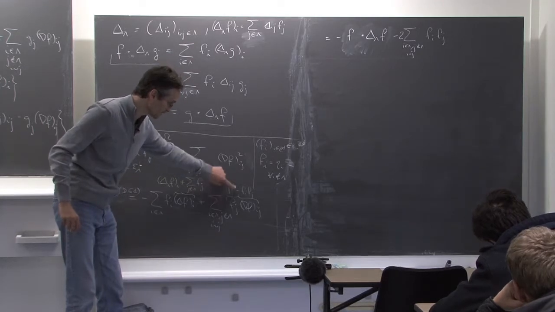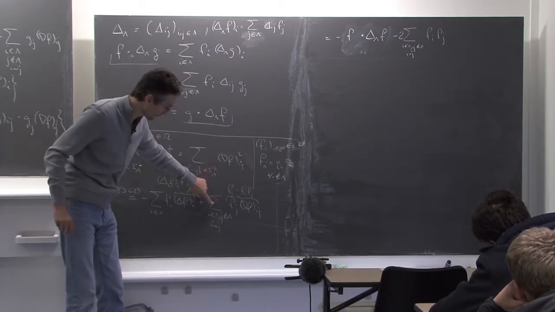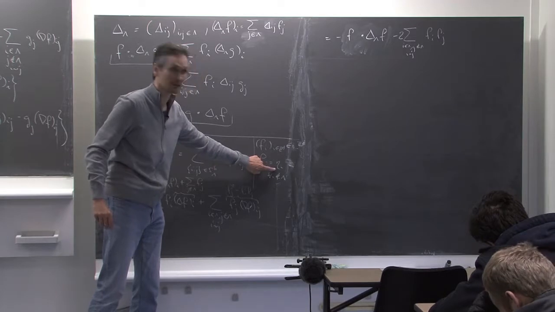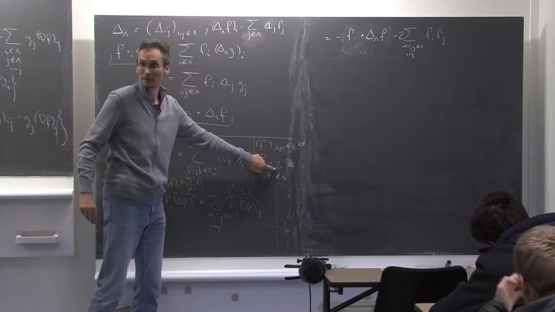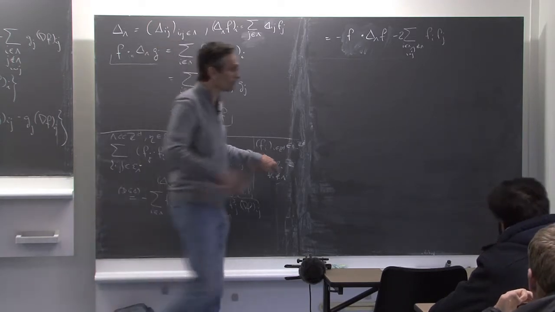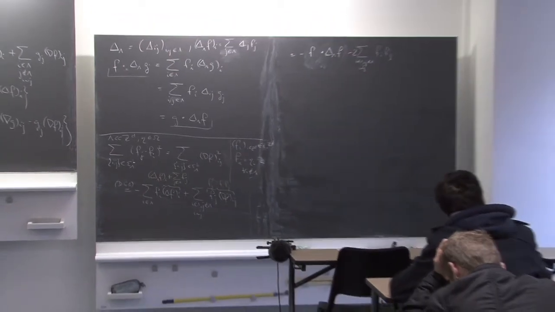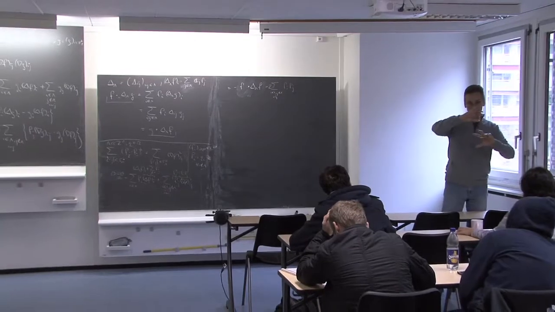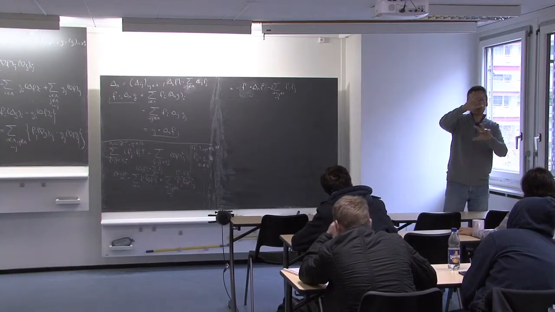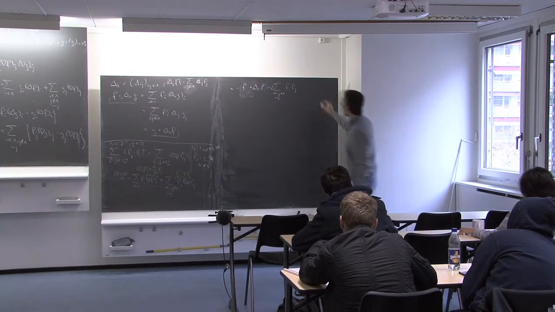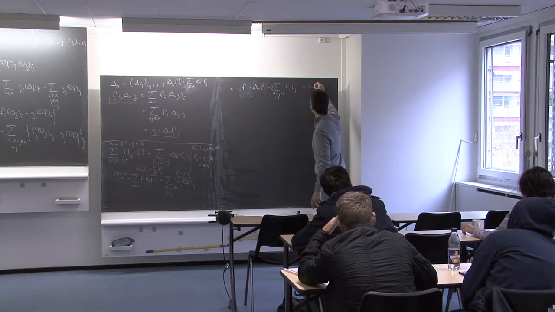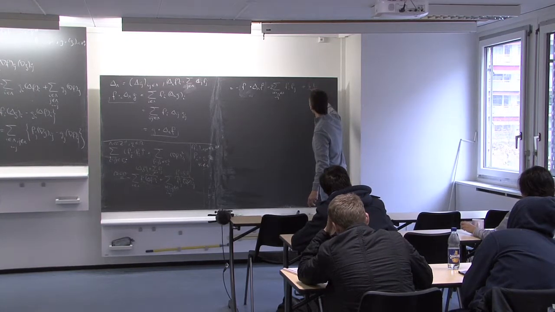So this sum only depends on the value of f outside lambda, but this is deterministic. It's just given by eta. So this is just some boundary term that I don't care about, because when I use this formula for our measure, I will get the same constant in the numerator and denominator, and they will just cancel. So I get plus some boundary term.